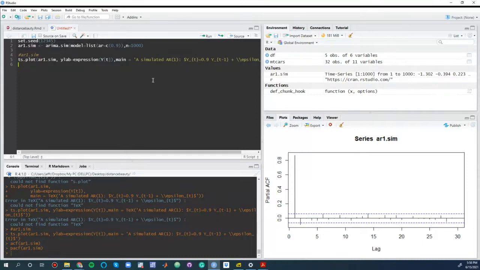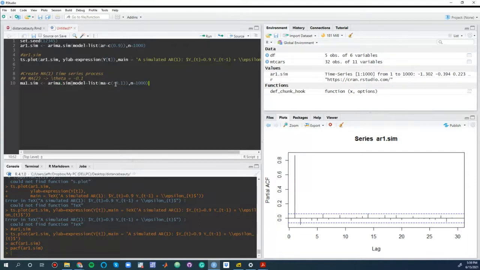Okay, so this is the AR1 model if we're using R to simulate. What about the MA1 model? The MA1 model is pretty similar. So we need to create the MA1 series, right? First of all, we need to set a random seed, so we tell R what kind of random variable to pick from. Now the simulation looks like this.